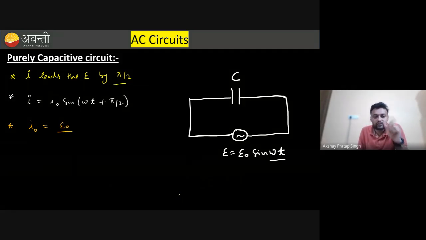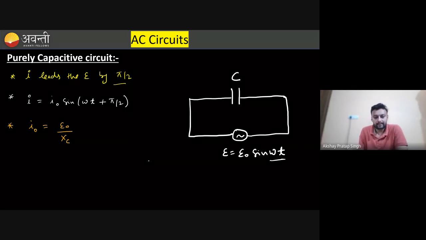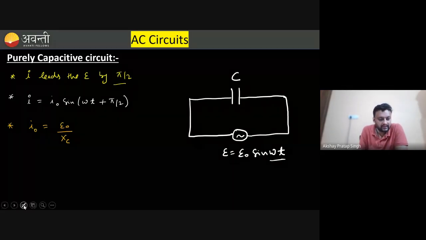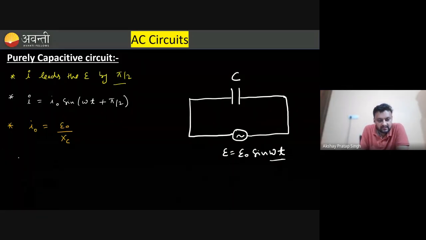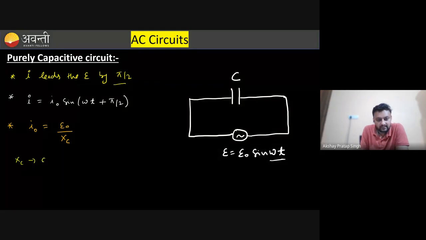Now the resistance of the capacitive circuit, or the capacitance, is denoted by XC, where XC is known as the capacitive reactance. So you can name it here. XC is capacitive reactance. Another thing, its unit is again ohm.